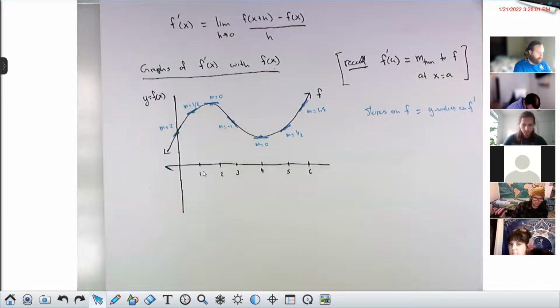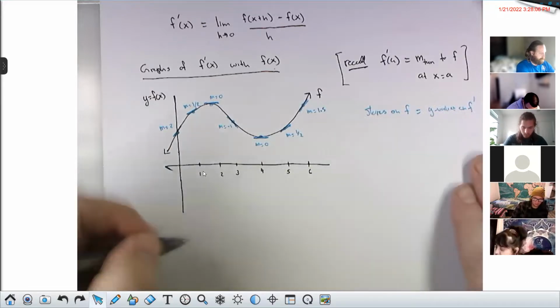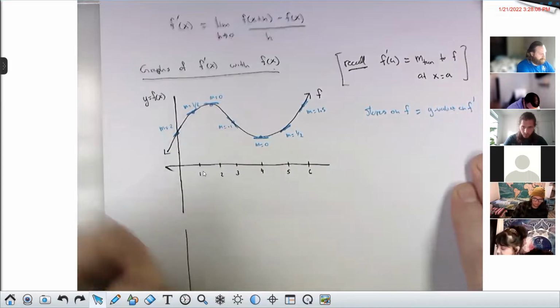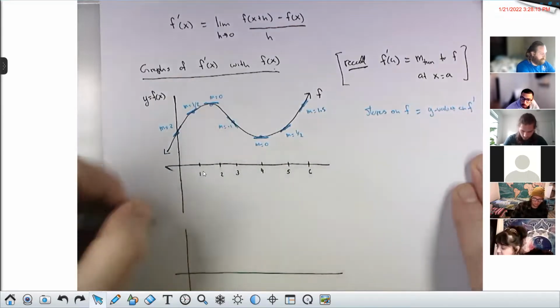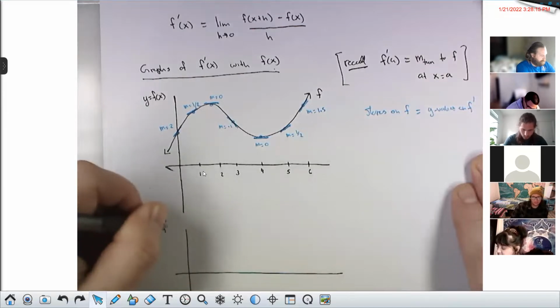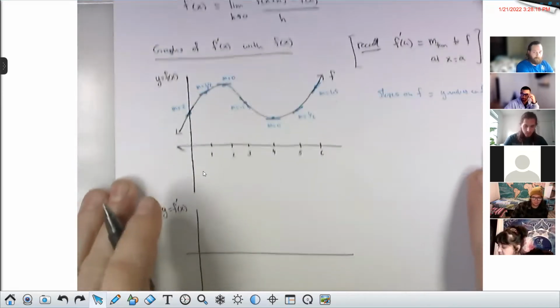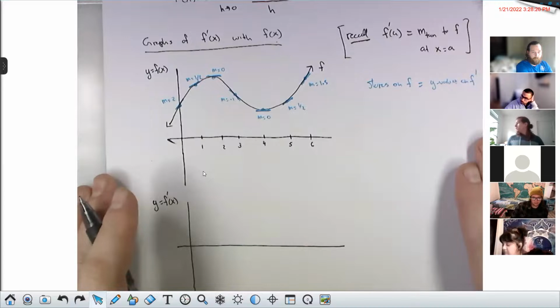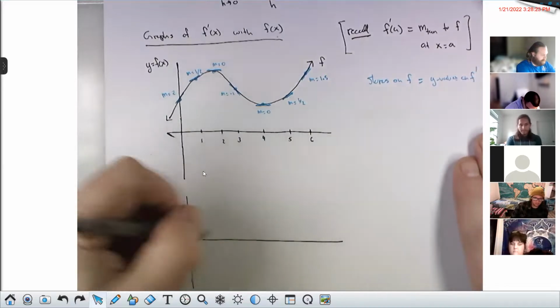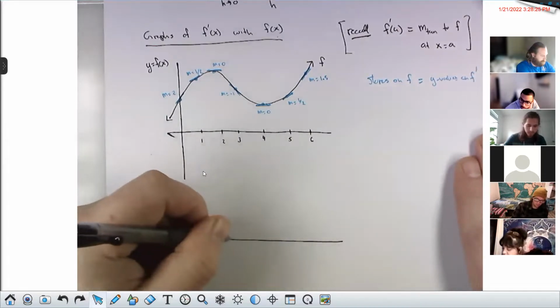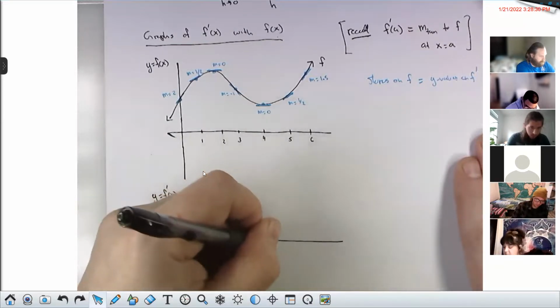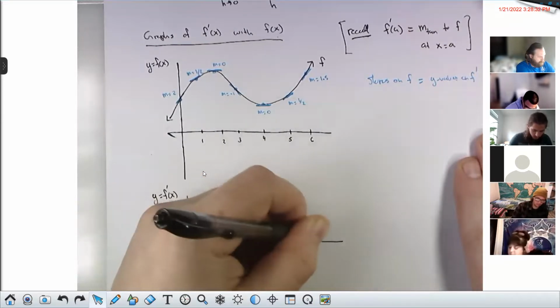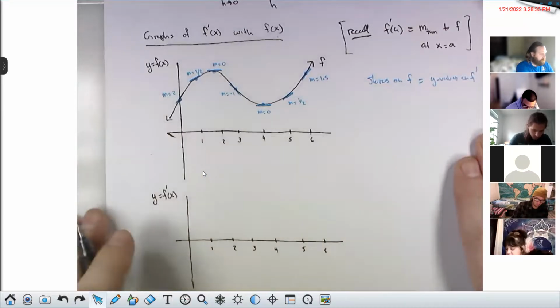So if I want to sketch f prime, and I'll chop this up: 1, 2, 3, 4, 5, 6.